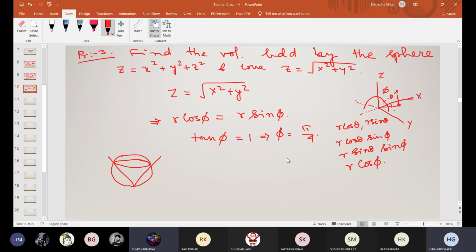If you consider any point on any sphere, you get x for something, y for something, z for something. For any point, you take the projection on your xy plane, and in r theta form we can represent any point on the xy plane by r cos theta or r sin theta.